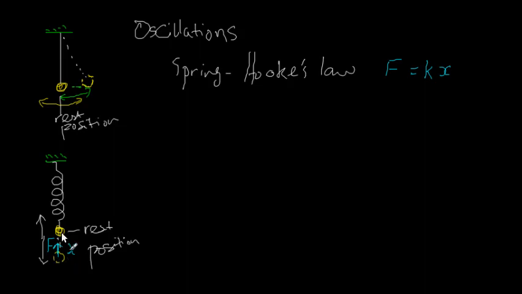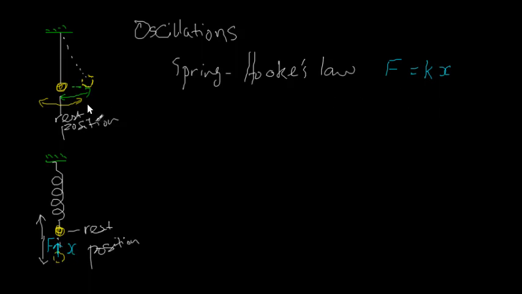Whereas when the ball is at its rest position, there would be no resultant force on the ball. So that's Hooke's law. So that's how it works in this case.